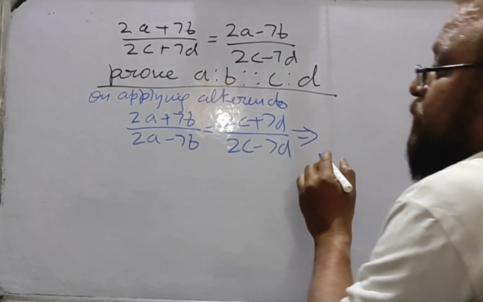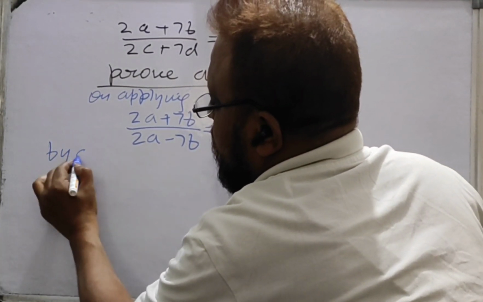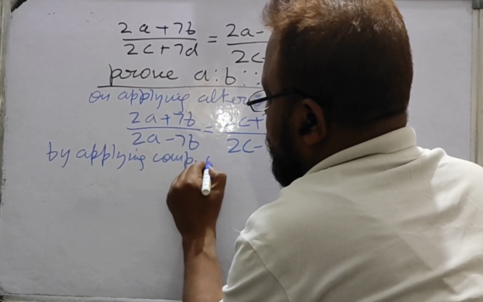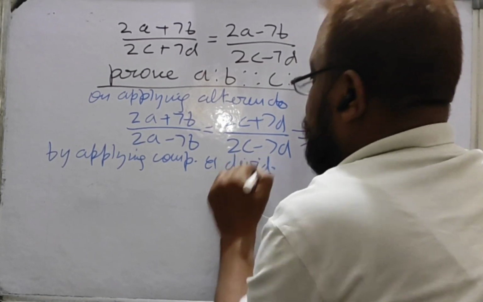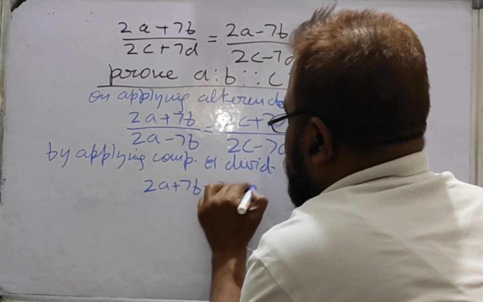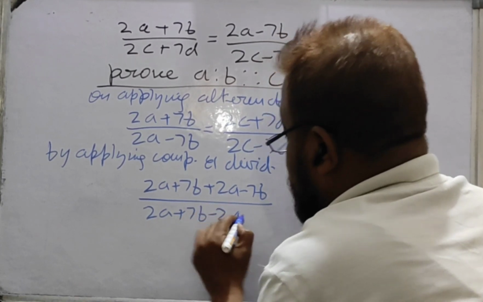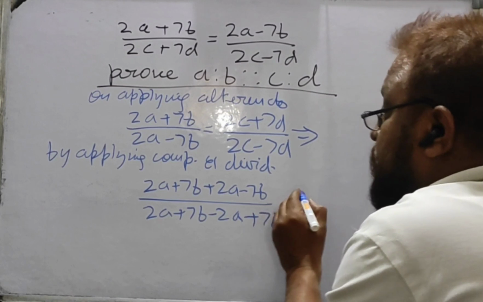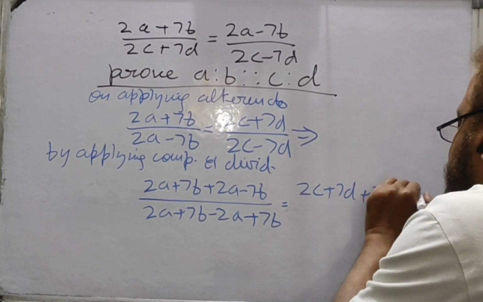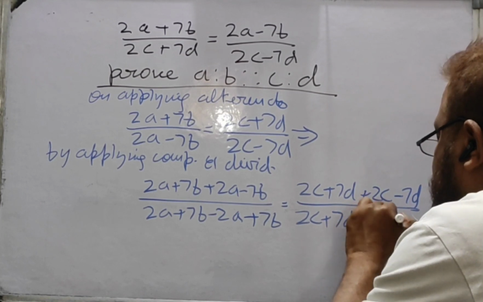And then by applying componendo and dividendo, we get 2a plus 7b plus 2a minus 7b upon 2a plus 7b minus 2a plus 7b is equal to 2c plus 7d plus 2c minus 7d upon 2c plus 7d minus 2c plus 7d.